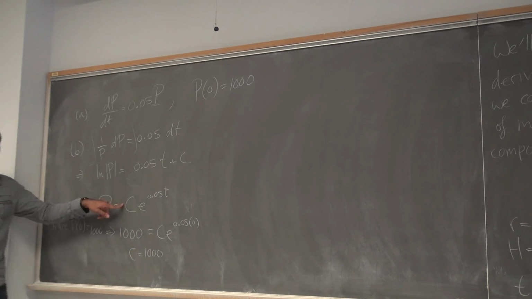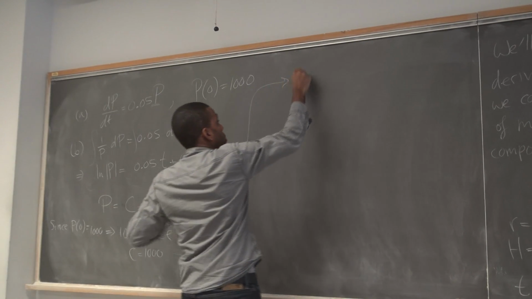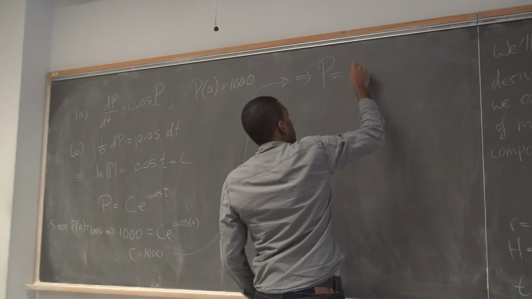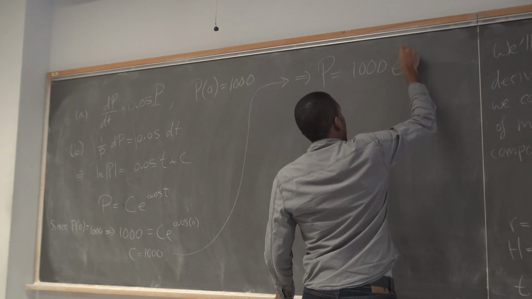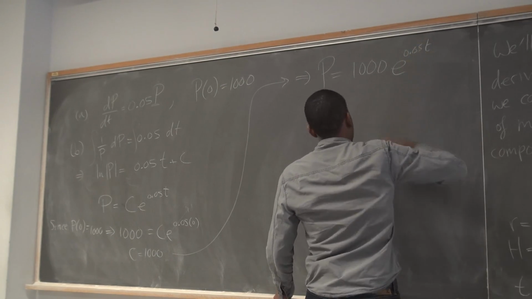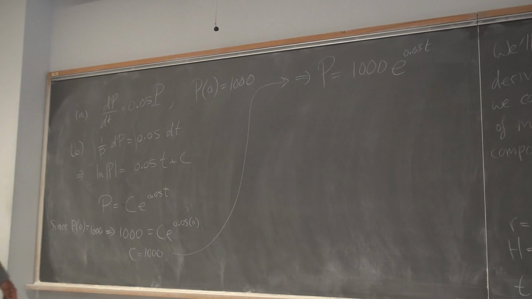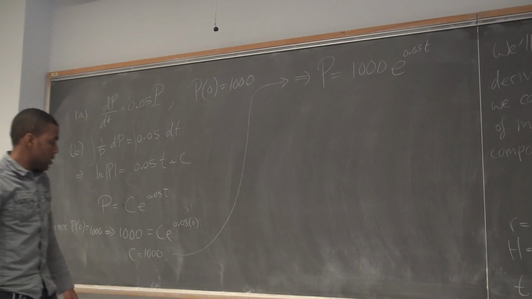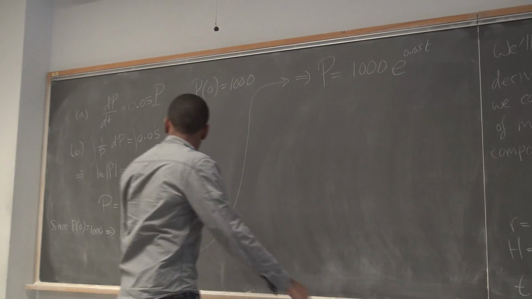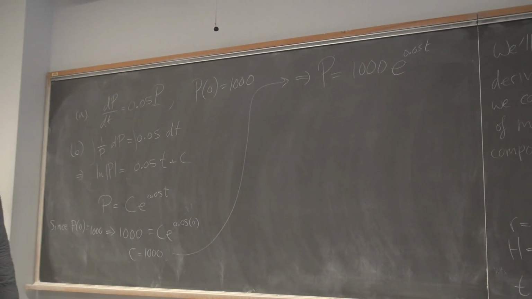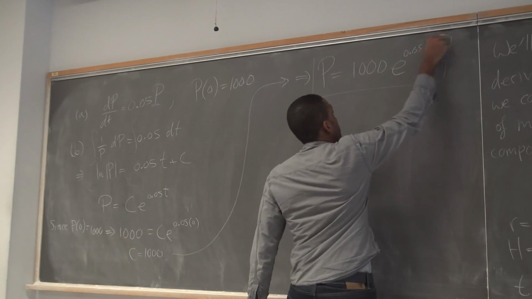So then I can go back here and plug in that value for C. So that PERT formula that you learned in 205 comes from here. That's your P naught e to the rt. Okay, so that's the answer to part B.